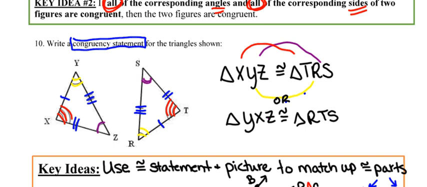The important thing here is everybody still matches up. Y matches up with R, X is going to match up with T, and Z still matches up with S. So again, any order is fine as long as your appropriate corresponding parts match up.